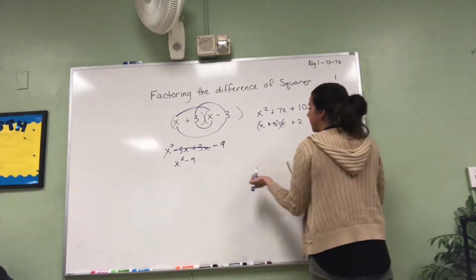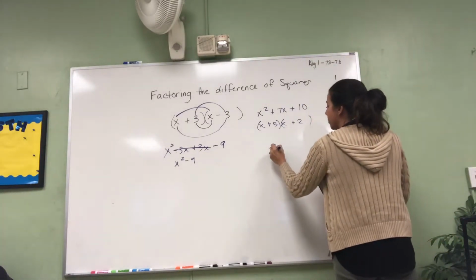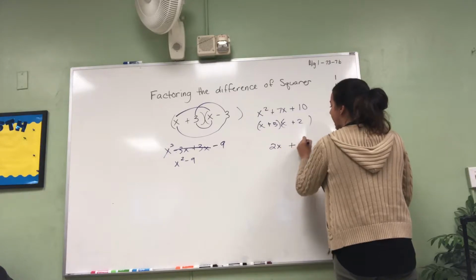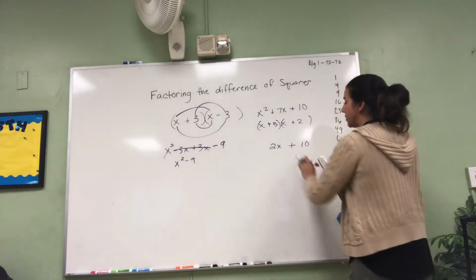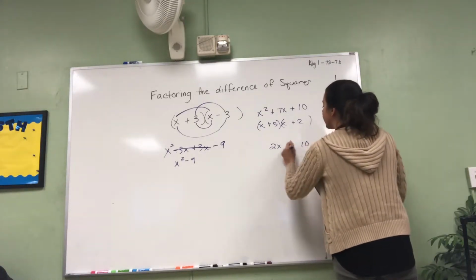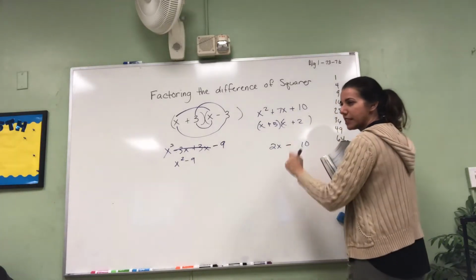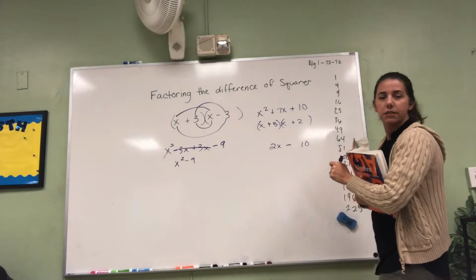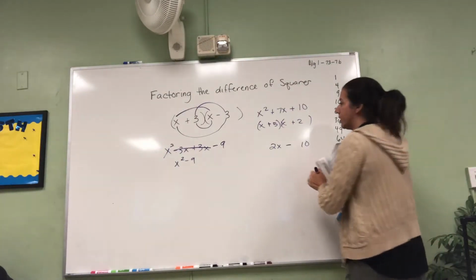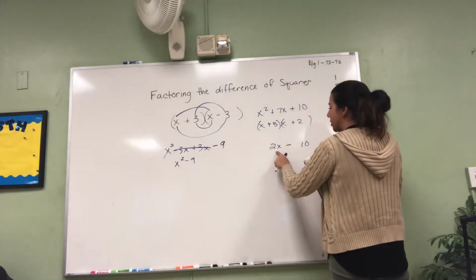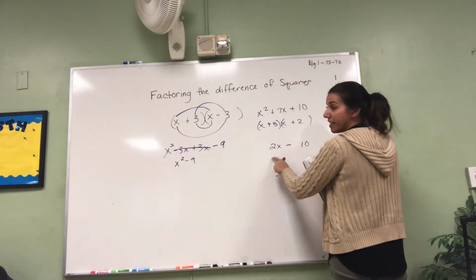Or if I had something like 2x plus 10, or even 2x minus 10, how would I factor that? Would I set up two parentheses? No. Is there anything you can factor out?